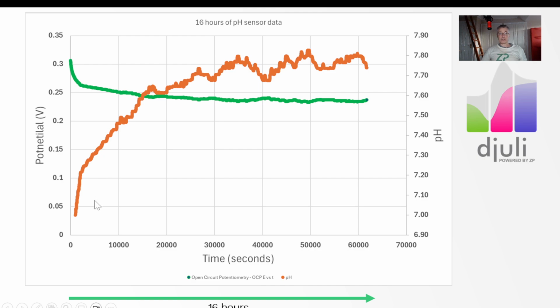Rather than showing millivolts on the left-hand side, you can see that over this 16 hours it has gone from about 0.3 to something like 0.24. Now we've got pH going from pH 7, because that was my original calibration, to about 7.8. So over 16 hours, you could argue that we've had less than a 1 pH shift. But we understand that for lots of applications, they want tighter control. They don't want this drift, let's say.